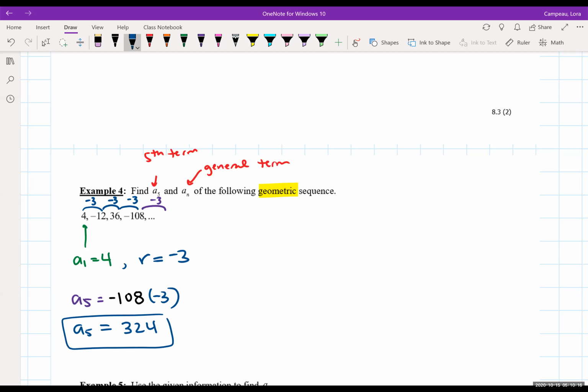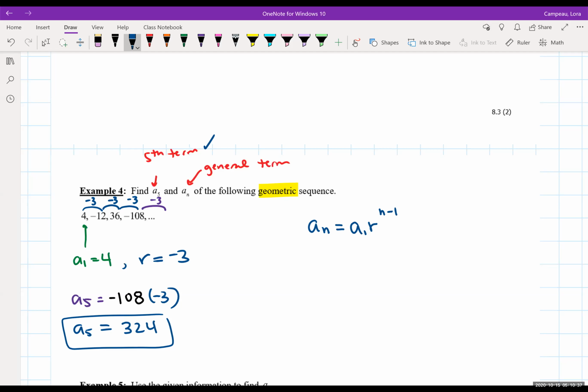So that is part of the directions, that we wanted the fifth term. They now also want the general term. So I'm going to take the formula a sub n, that's the general term, as a sub 1 times the common ratio taken to the n minus 1 power.